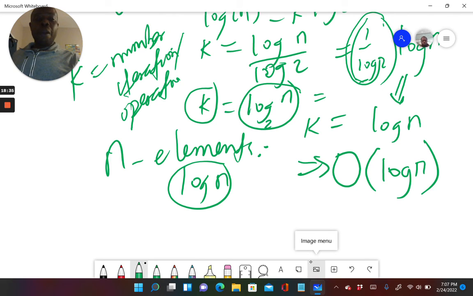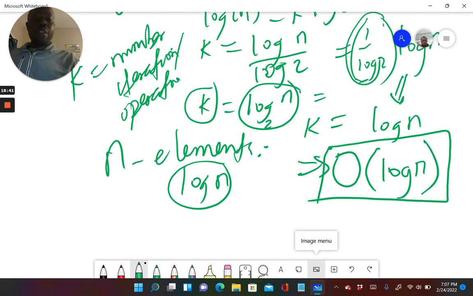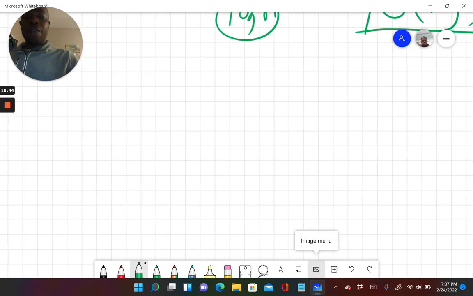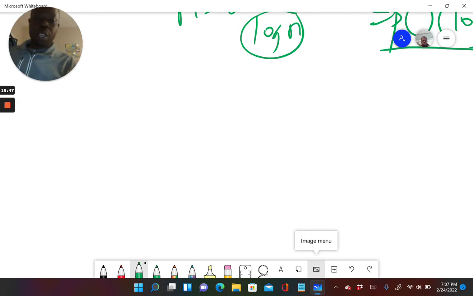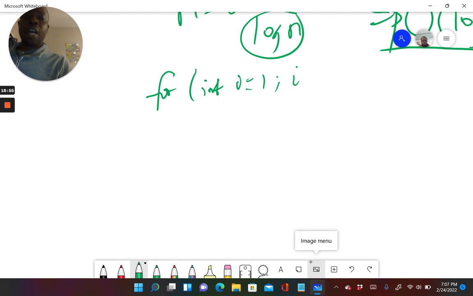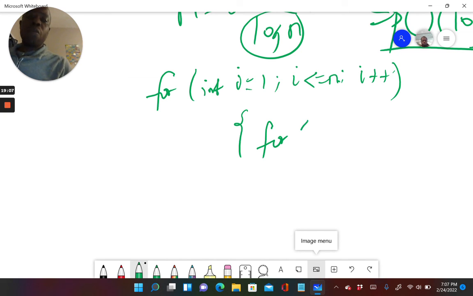You see that? So the time complexity of the binary search algorithm is O of log n. Remember, sometimes if you have a nested for loop in C++, for int i equals 1, i less than or equal to n, i plus plus, and then you have another loop, for int j equals 1, j less than or equal to n, j plus plus.